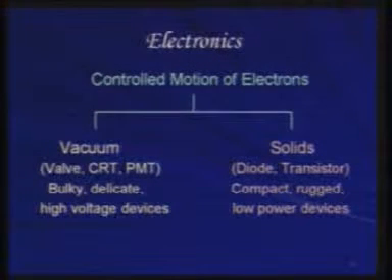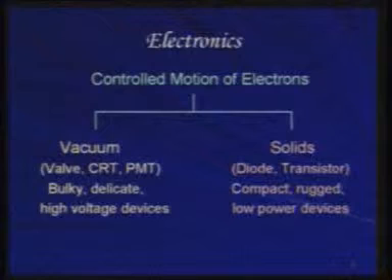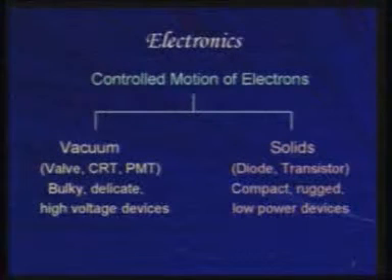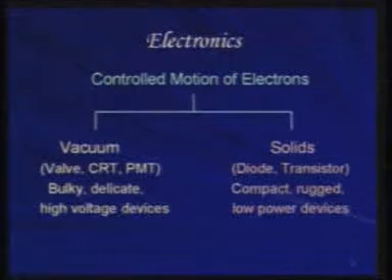We already know the very common words like diodes and transistors, and basically they are very compact, rugged devices. Since they are very small in size, you don't need a lot of power to drive them, so they are low power devices also. So they are very convenient to use.